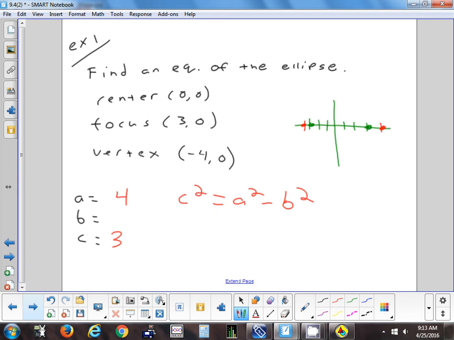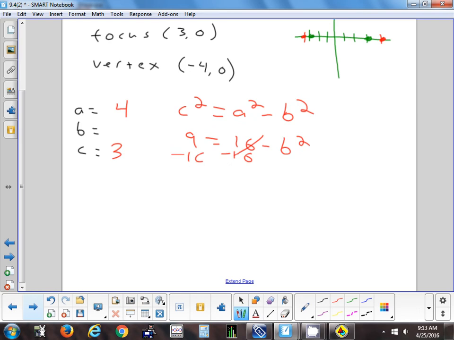All right, so C squared. Pat, what's 3 squared? 9. Derek, how about A squared? 16. Okay, and Tyler, what would be my next step to solve that? Yep, minus the 16.